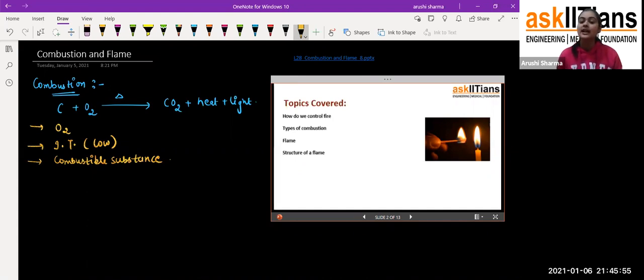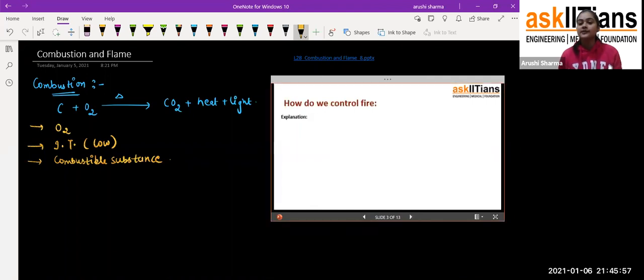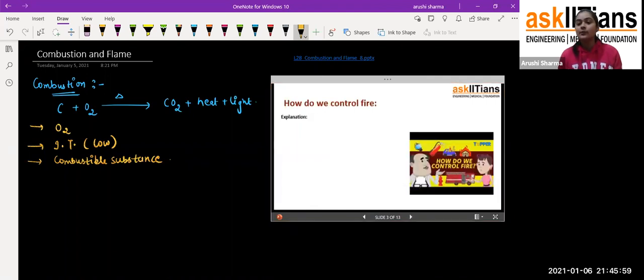Fine, students. First of all, if I want to tell you how we control fire, we should first think about what the causes of the fire can be. For example, if you are using a matchstick and by mistake it drops on any cloth, it catches fire. At that point, you can use water.